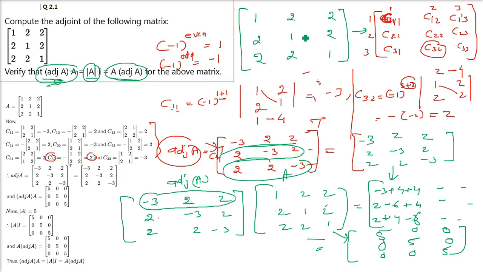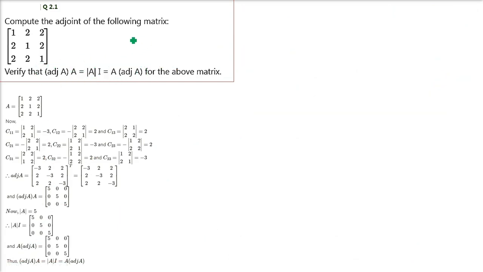Now determinant A, we can find out the determinant also. First I have already done adjoint A into A, and then determinant of A we'll find out. We'll open it using the first row. So 1 into the minor, minus 2 into... well, you already have the cofactors, so you can directly use them: C11 plus C12 plus C13.